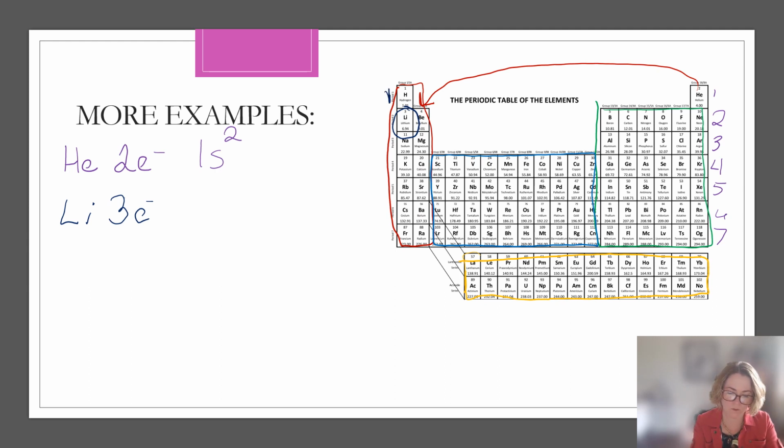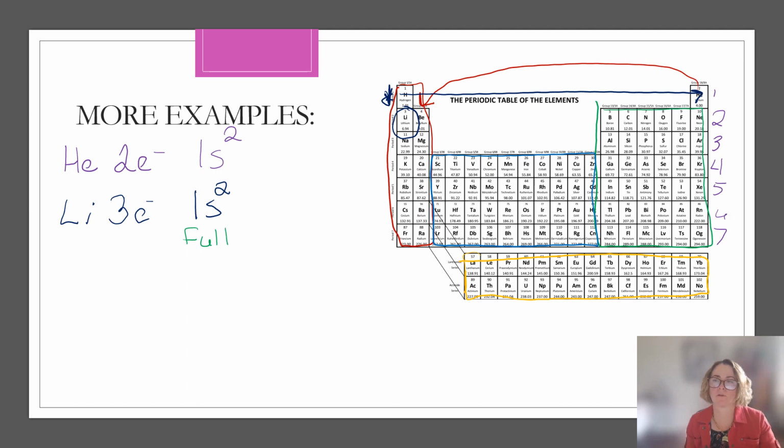So I'm always going to start in energy level number 1. That has to get completely filled up first. So I am going to go completely across energy level number 1. And so filling that up gives me 1s2.